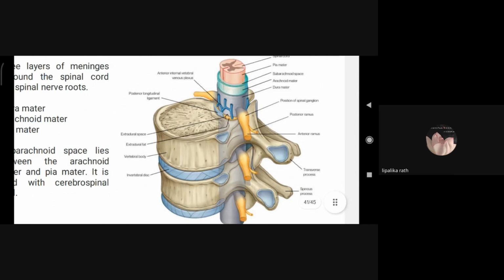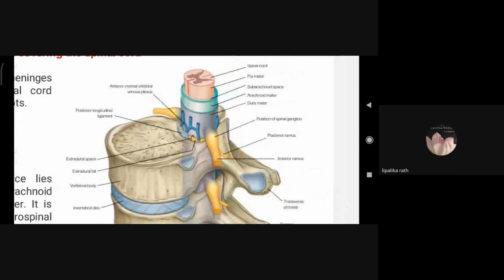Now here in this picture, you can see the layers: the outermost layer, that is dura mater, then the arachnoid mater, depicted by green color, then the pia mater, depicted by a little bit reddish pink.